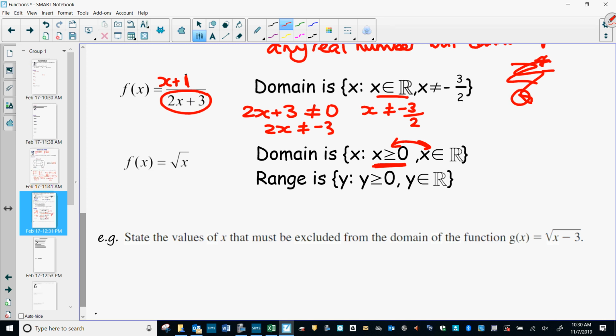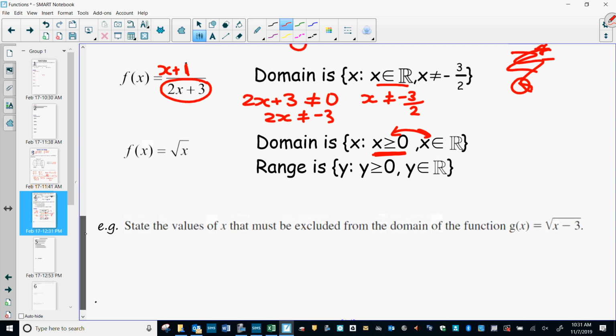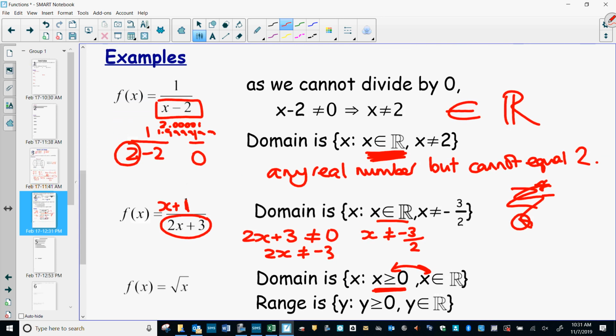Am I not saying it very well? Is this like a question? Yes, so they would say, here, state the values of x that must be excluded from the domain. So that's the kind of question that would come up. So if that came up for this example here, state the values that must be excluded, we would say x equals 2 would be excluded, because it cannot equal 2.